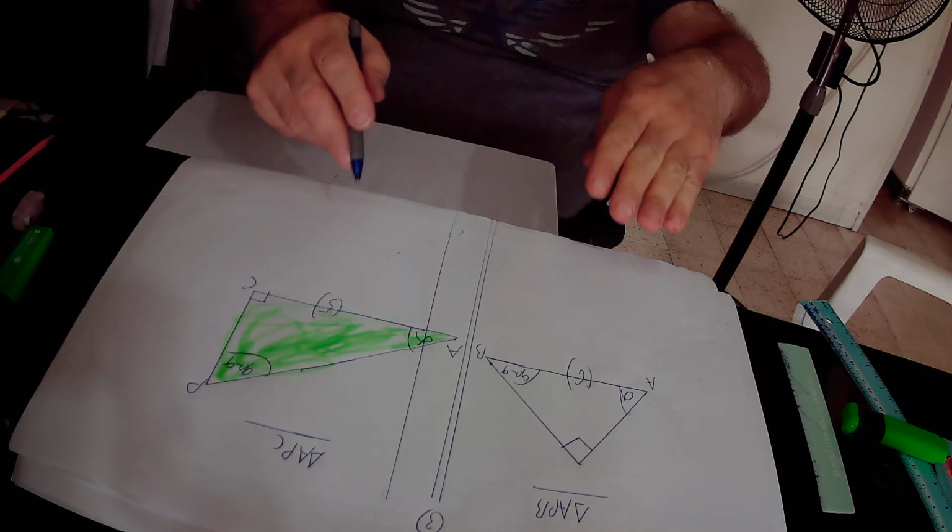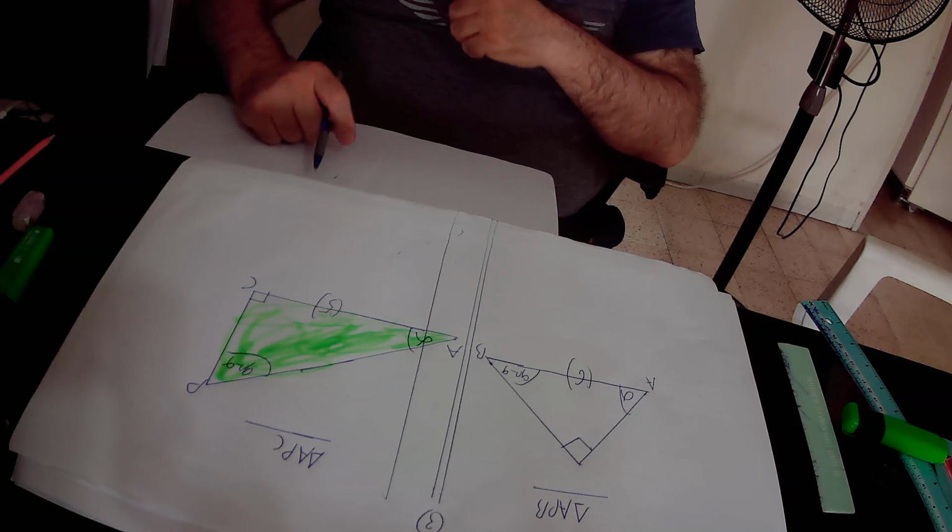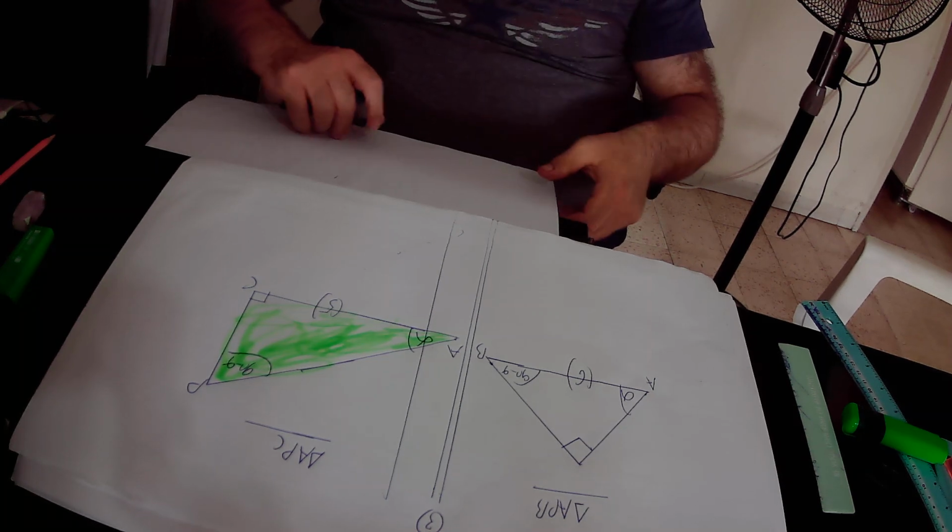In the next step, I prove that those two right triangles are similar to each other according to the angle similarity rule.